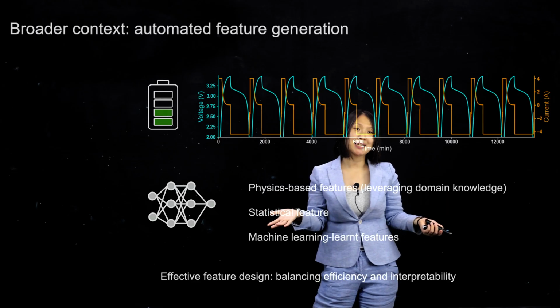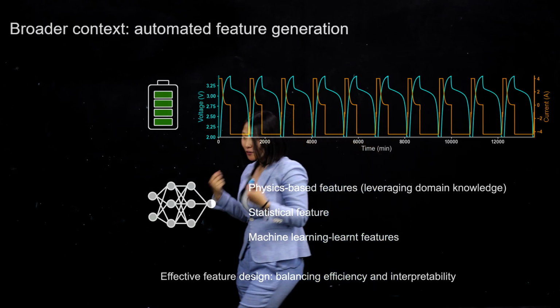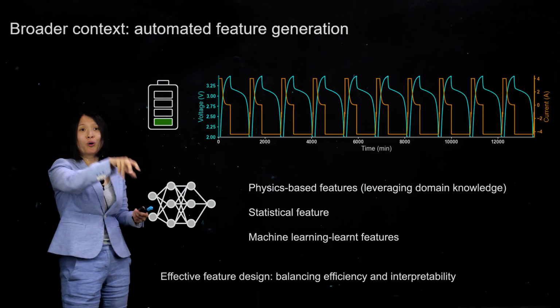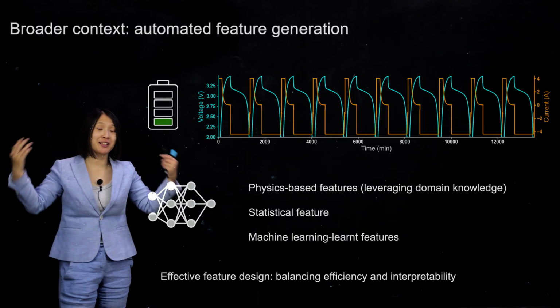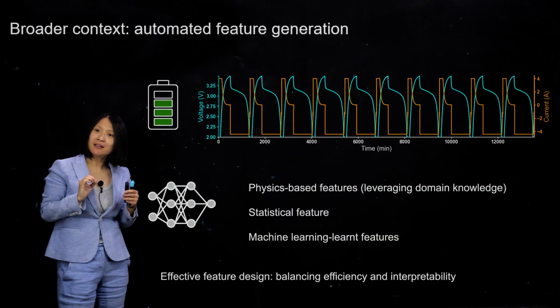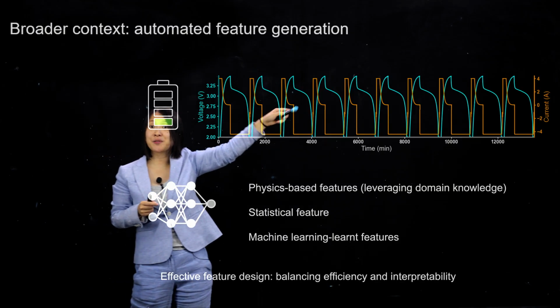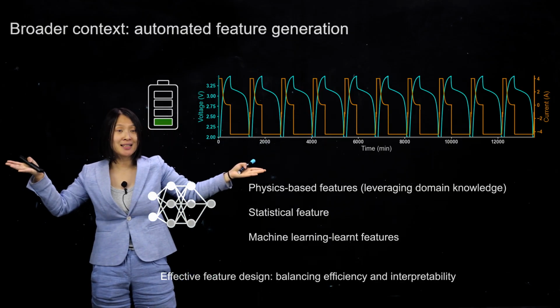As we discuss choosing the right class of features, let's also think a little about the broader context of feature generation. Fundamentally, we've been trying to extract information from the time series data of battery tests.